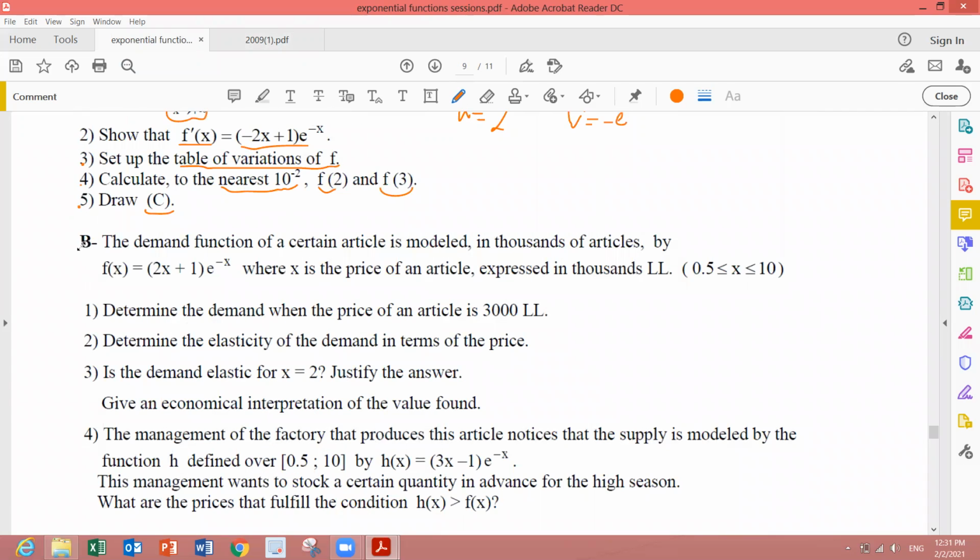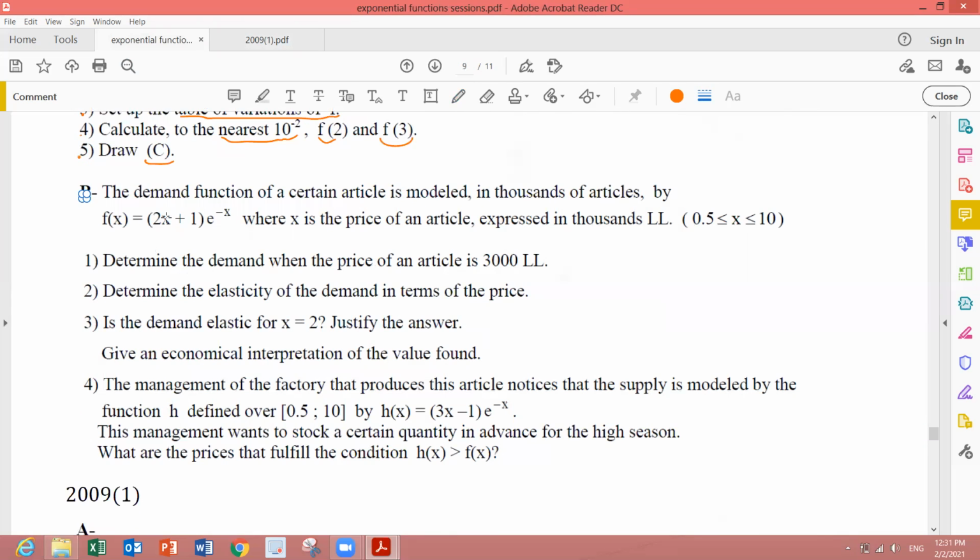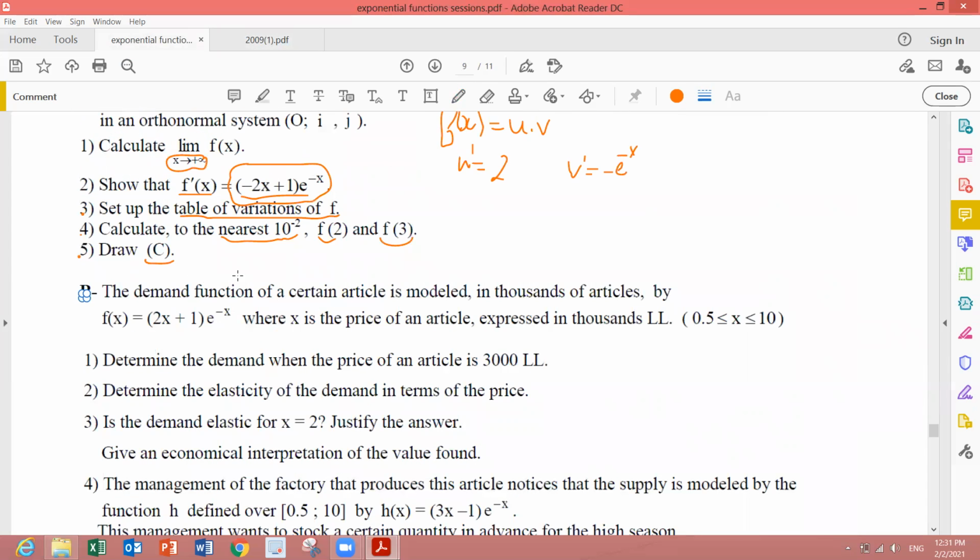Now, part B, the demand, the economical part. The demand function of a certain article is modeled in thousands of articles by f(x) equal to (2x plus 1) e to the minus x.